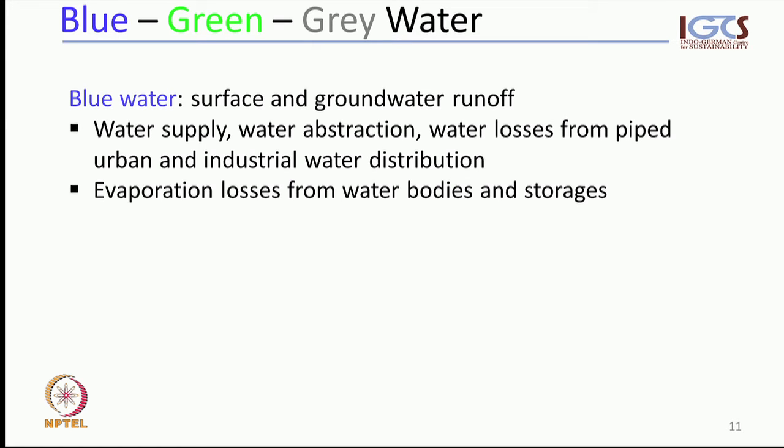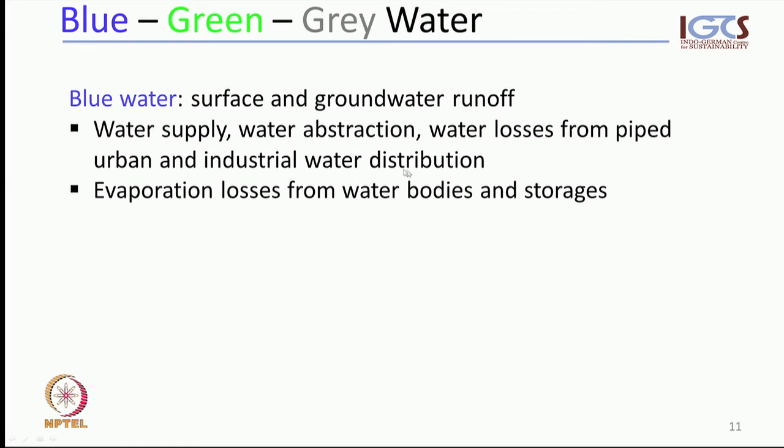What do we mean by blue water? It's essentially all the surface and groundwater runoff. We have seen this in our water balance discussion. And where we can save water is on water supply, on the way we conduct our water abstraction, to manage our water losses from piped systems and from other water distribution systems.